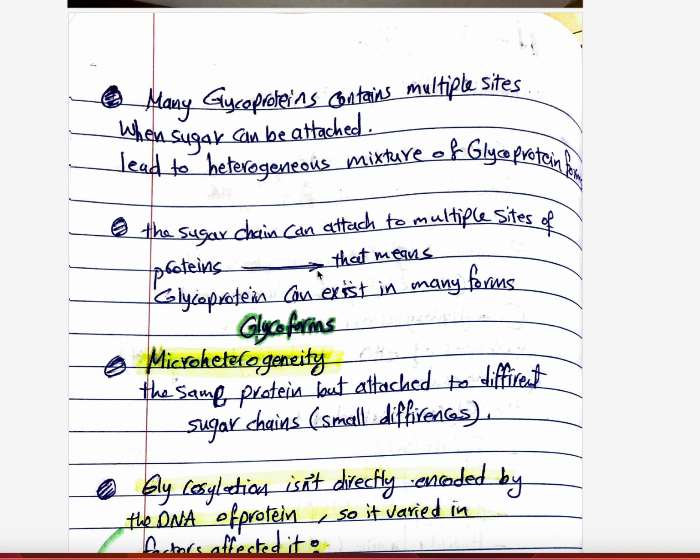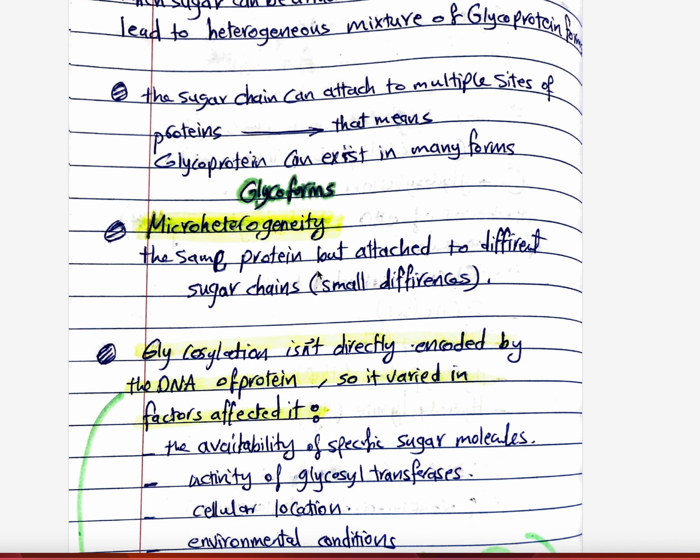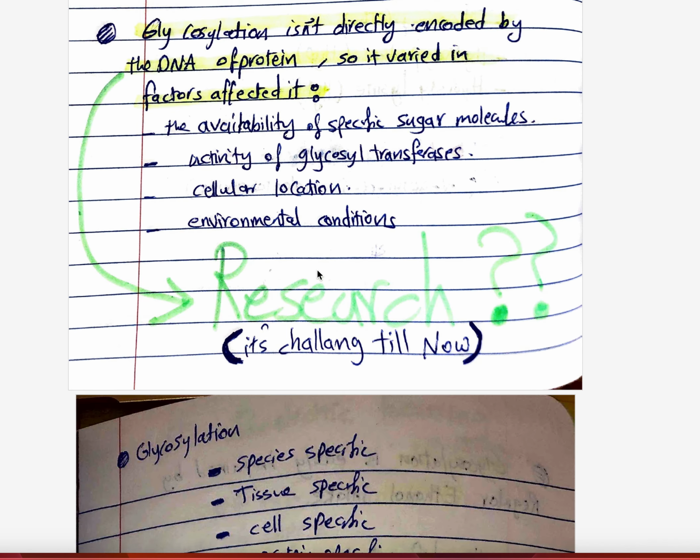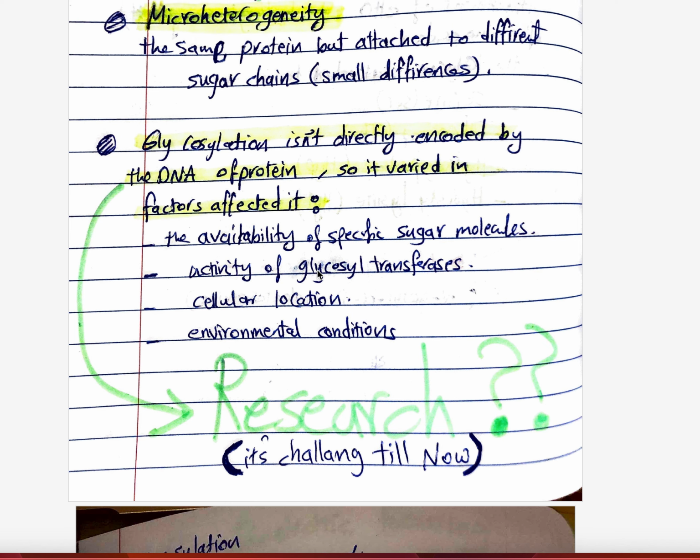The sugar chain can attach to multiple sites of the protein, so that means the glycoprotein has many isoforms, or glycoforms. This is microheterogeneity, as you can see here: the same protein, but attached to different sugar chains.